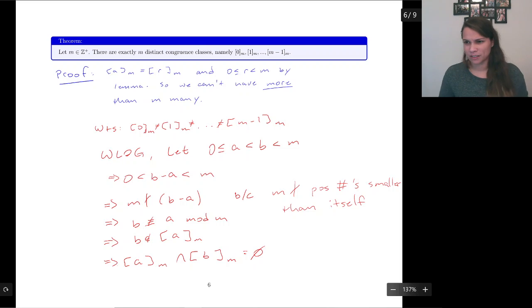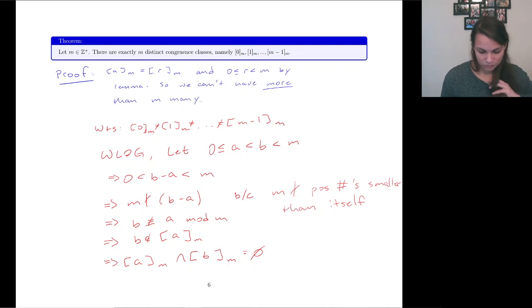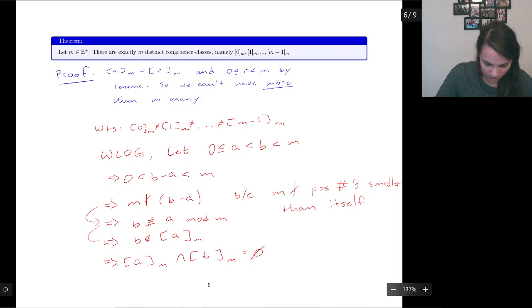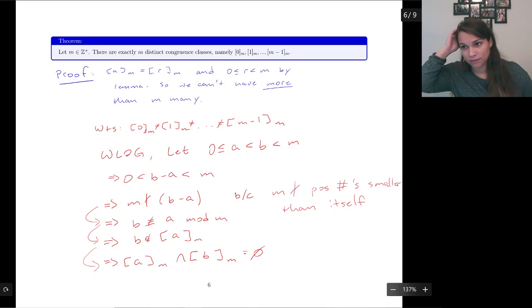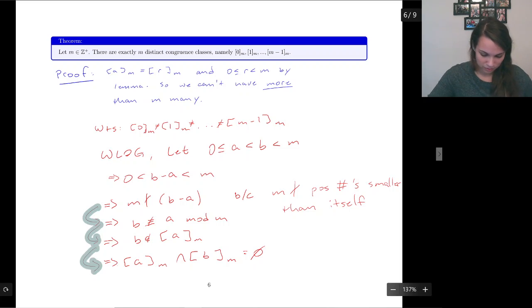Right? You can't have 7 divides 3. That's nonsense. So then moving on from there, that means it can't be congruent to A, which means it can't be in the equivalence class of A, which means that their intersections have to be empty. And we are done.